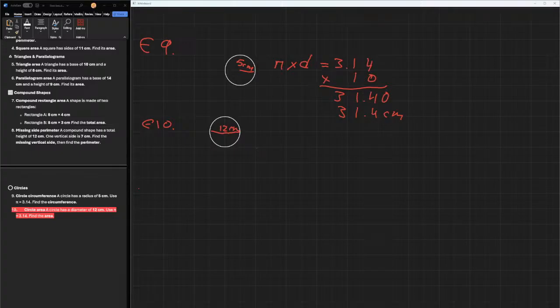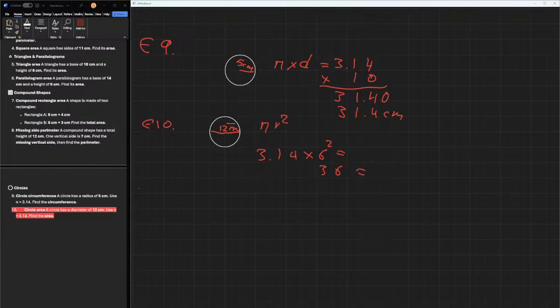For the area we know it should always be pi r squared. So 3.14 times, we need to get the radius. The radius is the half, so half of 12 is 6 squared. 6 times 6 is 36. So 3.14 times 36 will give us the answer.